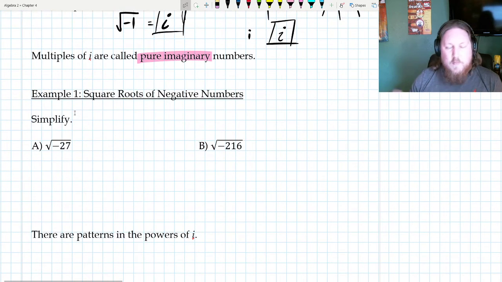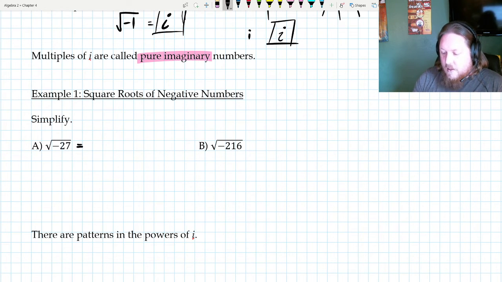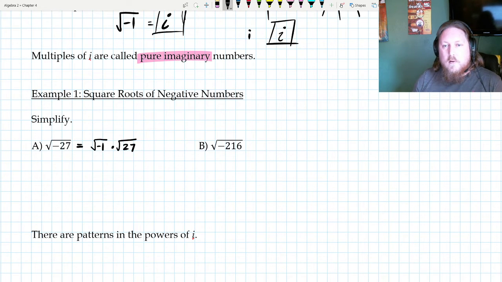So how does this work? I can take any number that I would normally try to find the square root of, but if it's negative, I have to do one thing first. See here I have the square root of negative 27. I'm going to break it apart into negative 1 and 27. So those are my two things that are separate there.